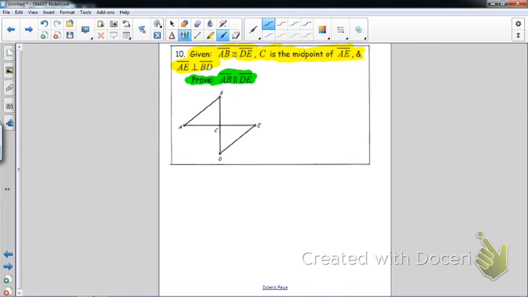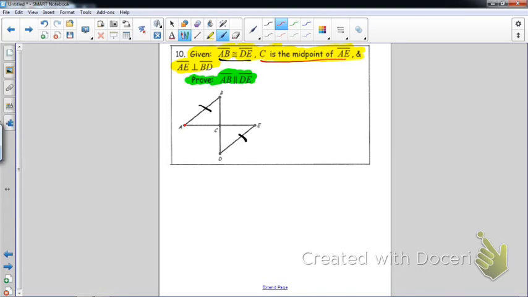How do you prove that? Well, let's make the markings together. I'm telling you that AB is going to be congruent to DE. So far we know that they are congruent. Whatever the length is between AB right here and DE right here, they are congruent. They're going to be the same. The next piece of information that I know is that C is a midpoint of AE.